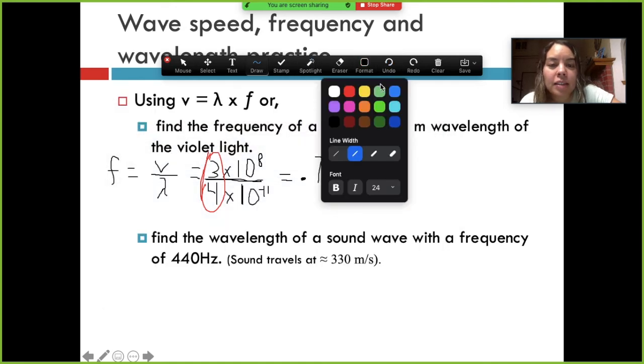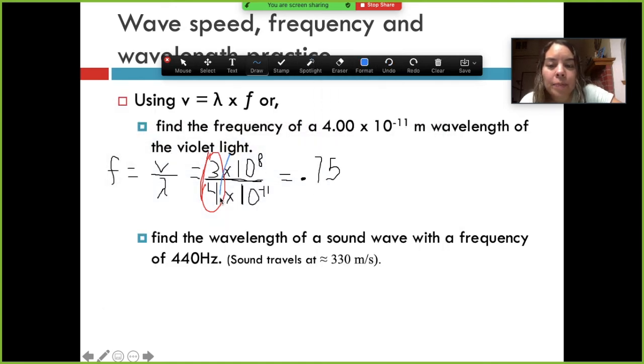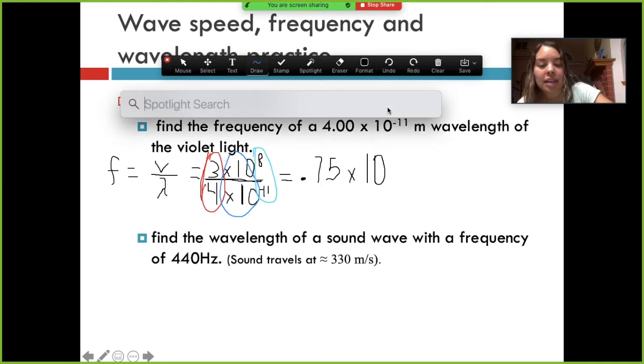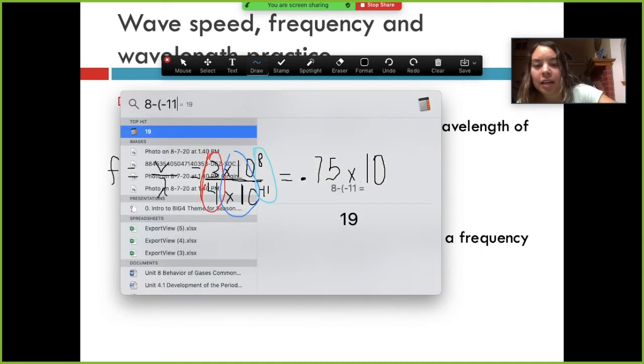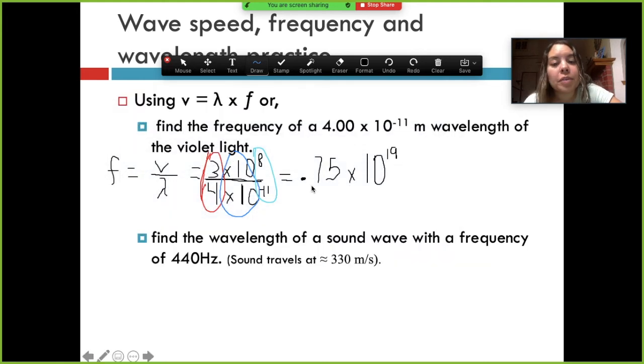And then I am going to copy the times 10 and subtract both of these exponents. Now notice the sign: it's 8 minus negative 11, so that's going to be 19. Again, if you want to move the decimal point to the side, it would be 7.5.